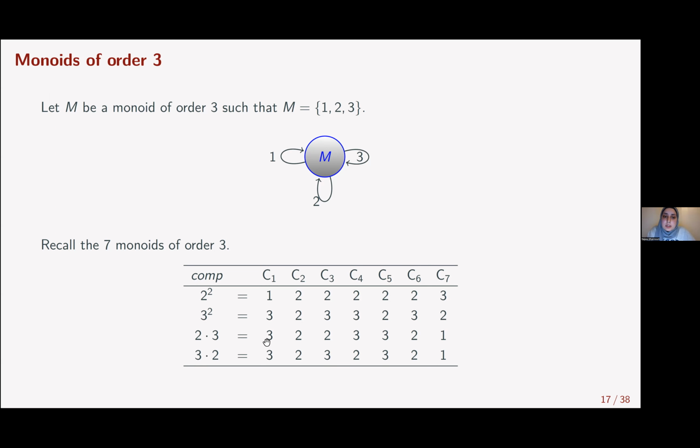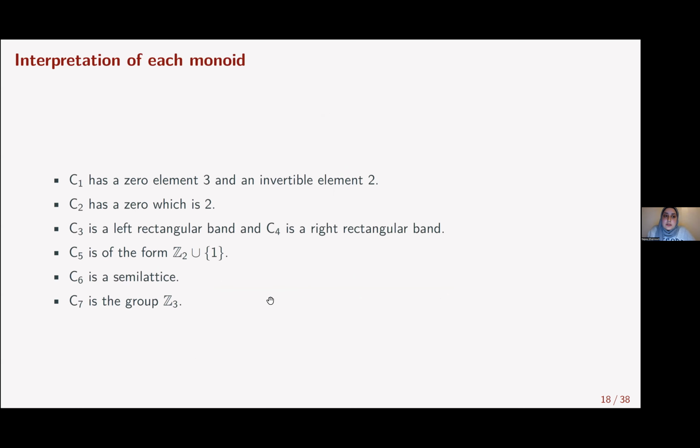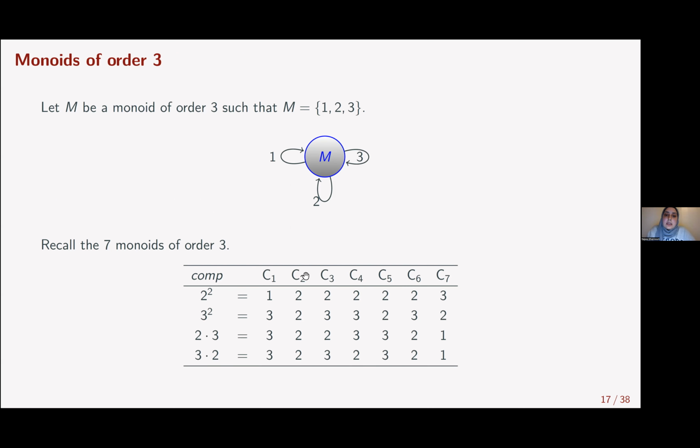We can see in C1 that 3 is absorbing all the multiplication, so anything multiplied by 3 is 3. And 2 is invertible, its square is equal to 1. As for C2, it has a 0 and it is the element 2. It's also obvious because 2 multiplied by anything is 2, so it's absorbing the multiplication.